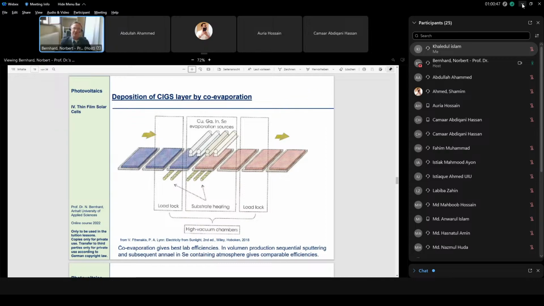Especially organic light emission diodes really is a very big business at the moment, for example, for mobile phones or other equipment which needs some displays. In PV, the most interesting development of the last decade was the perovskites. And there was a real hype about the perovskites.